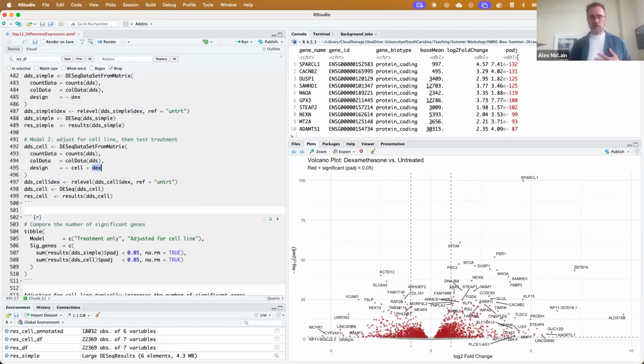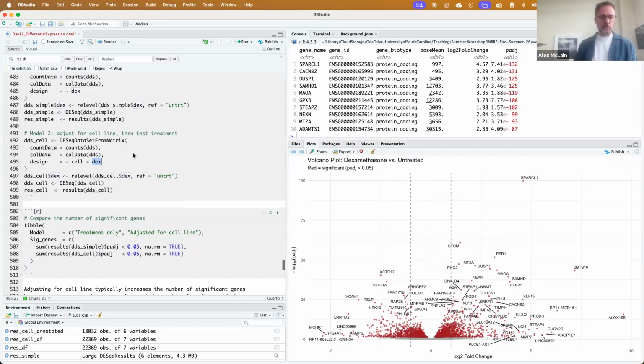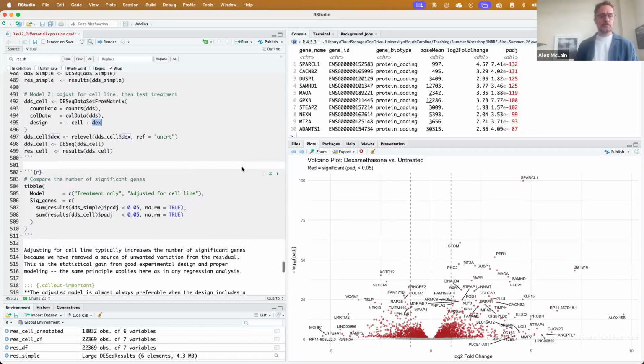So this p-value that we get is still: is there a difference between treated and untreated? Now, why did it do treated and untreated and not cell 1 versus cell 2 versus cell 3 versus cell 4? It's giving us treated and untreated because we listed DEX last. So the ordering here is important, and we want to keep the treatment variable last. Good question.